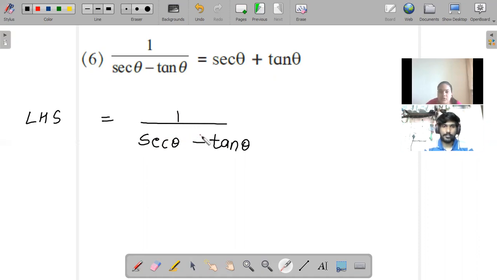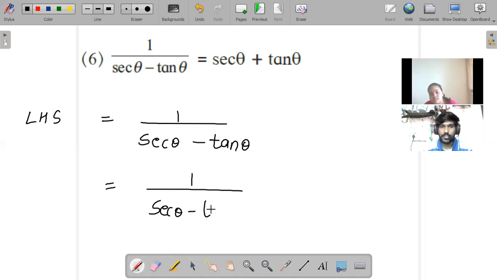So remember, 1 upon sec theta minus tan theta into sec theta plus tan theta. When you do rationalization, what do you do? You multiply the denominator, but you change its sign and multiply. So plus.